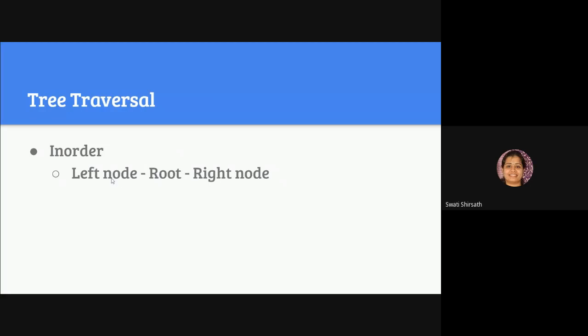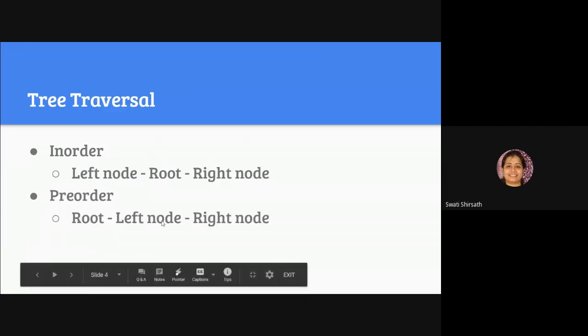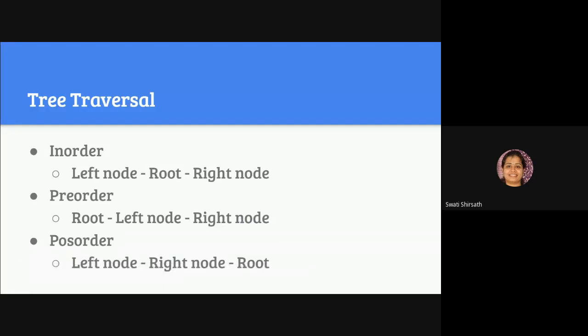If it is considered first, then it is pre-order. If it is considered at the end, then it is post-order. In-order is this. Pre-order is root first, then left, and then right. And post-order is first the left node, the right node, and then the root node. So these three types of tree traversals are there.